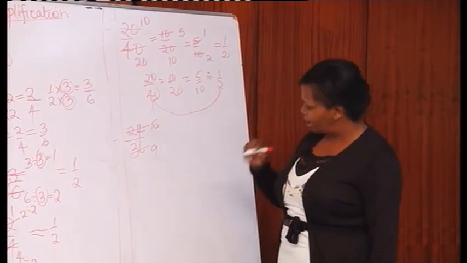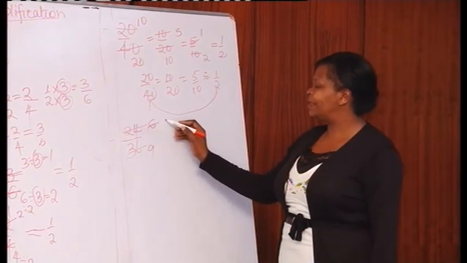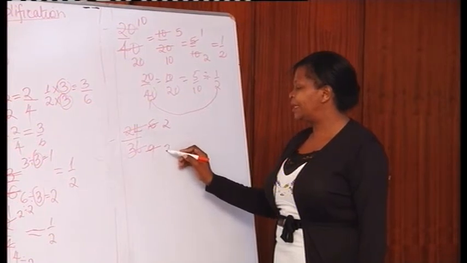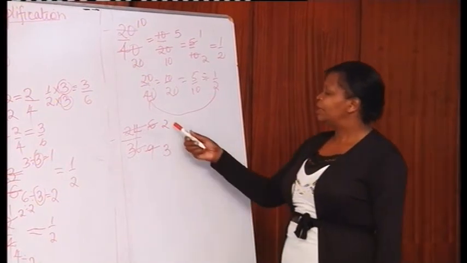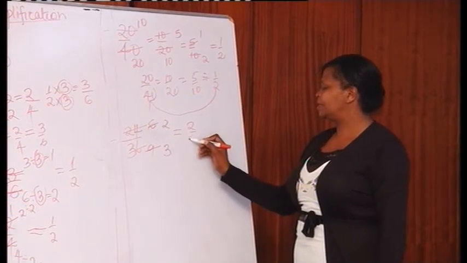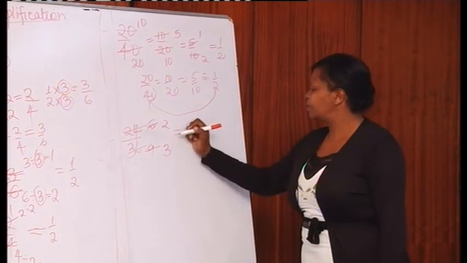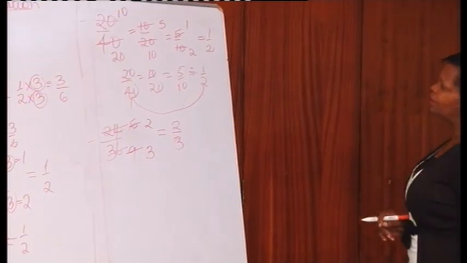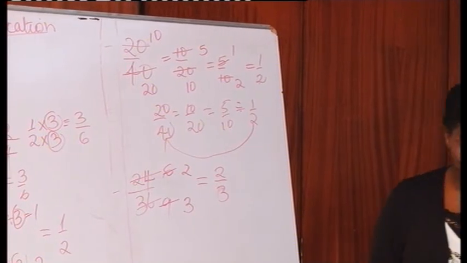The next common factor here is 3. 6 divided by 3 is 2, and 9 divided by 3 is 3. Now I can see that after simplifying, I've gotten two prime numbers, so I don't have to continue. So make sure when you simplify, you go to the smallest fraction that you can get.